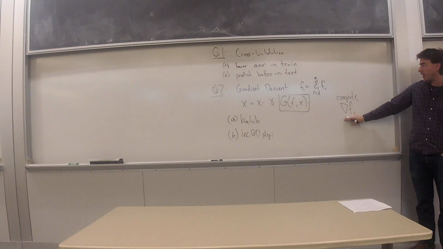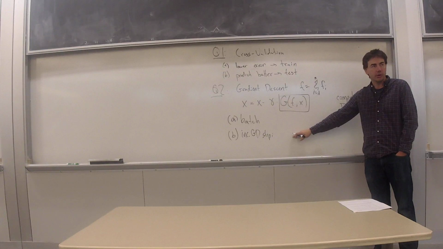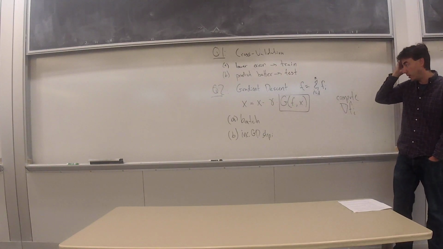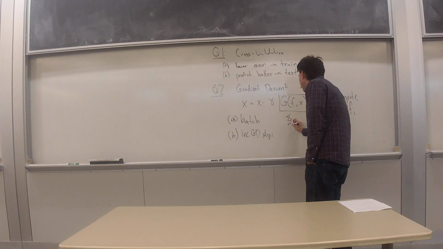So for any one value i between 1 and n, I can compute the gradient at f of i. Okay, so I can compute this, but I want to fill this in for either batch or incremental gradient descent.